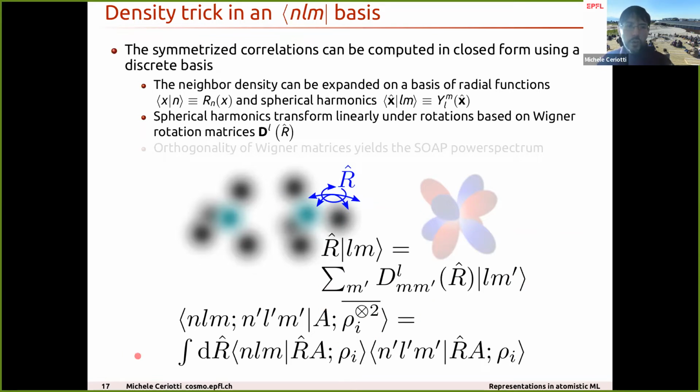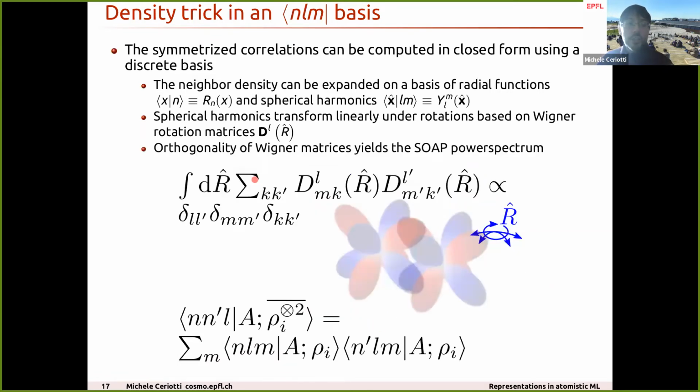And so when you try to write the rotational integral of the 2-point correlation of the density, this term that will give us a basis to express 3-body functions, you can actually use the orthogonality of Wigner matrices to express this 3-body function as a discrete sum of the terms of the expansion of the single density.